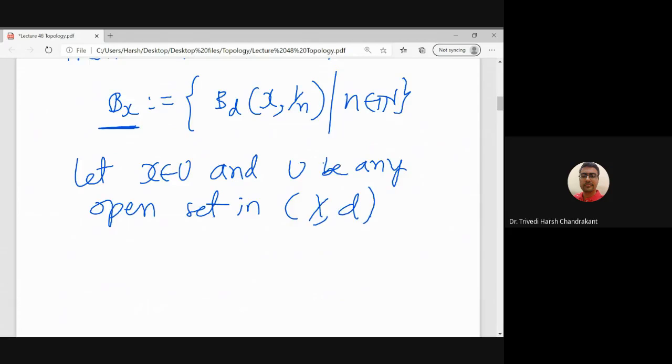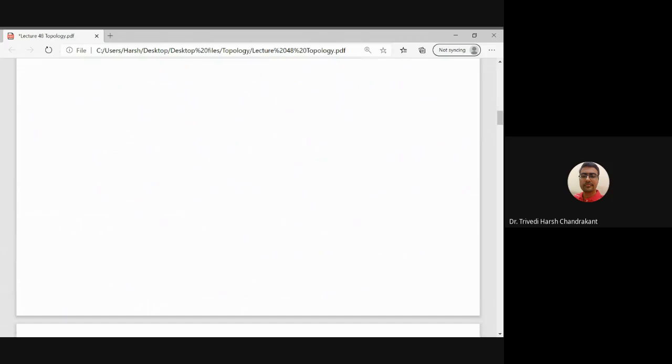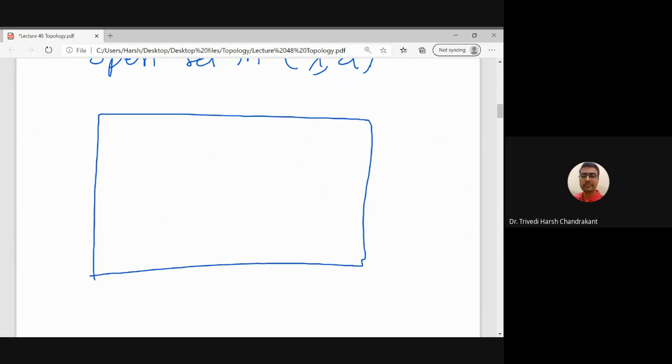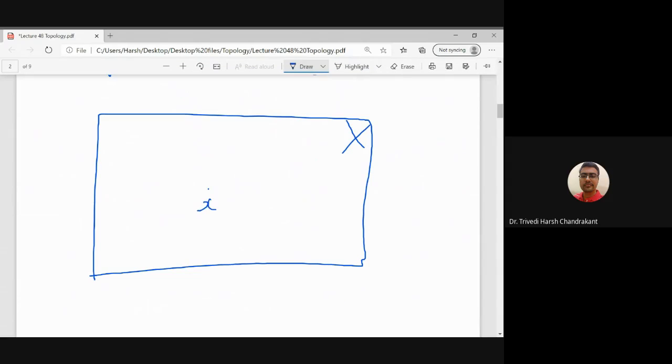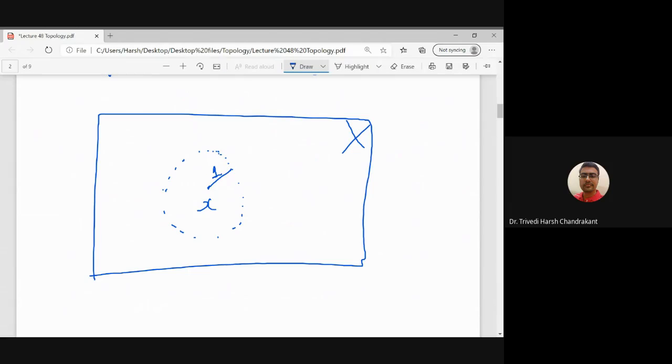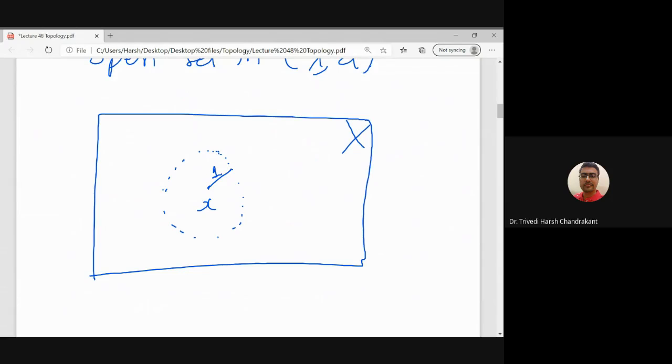Since U is any open subset of X, what is happening is that we have a metric space X in which we have a point x. Around x, for n equal to 1, we have a ball of radius 1 centered at x, a unit radius ball.